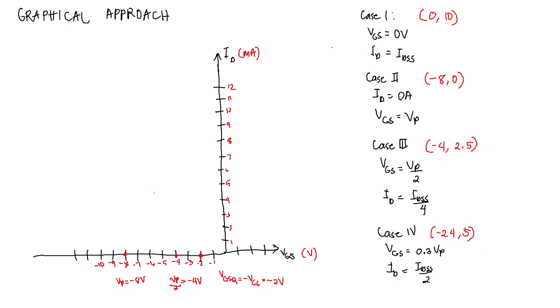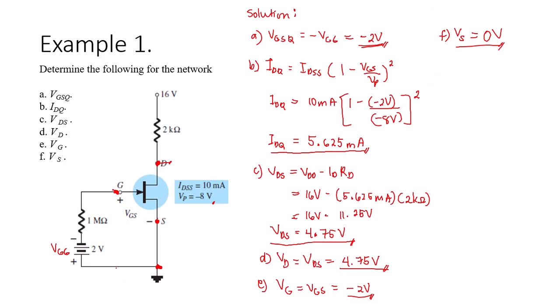In case 1, we set VGS to 0 volts, and ID is equal to IDSS.